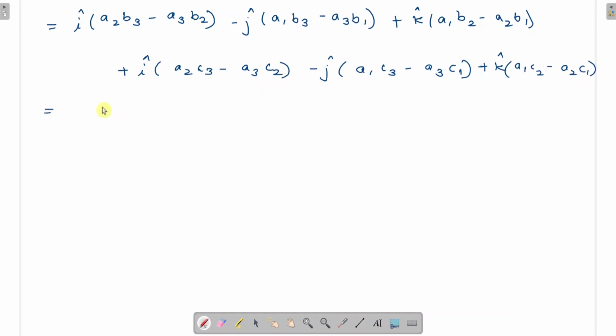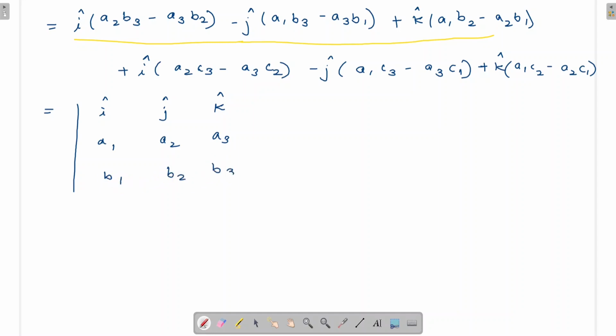So this will be equal to, now if you look at this term here, it is nothing but the determinant i cap, j cap, k cap, A1, A2, A3, B1, B2, B3.